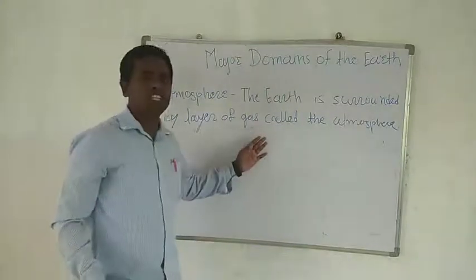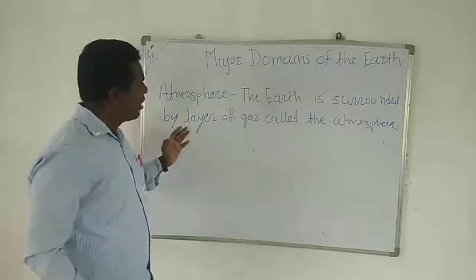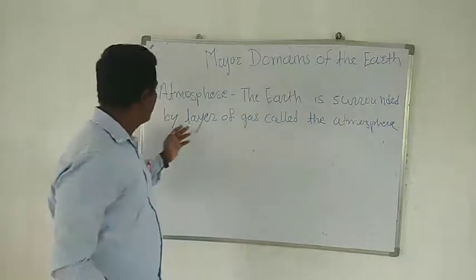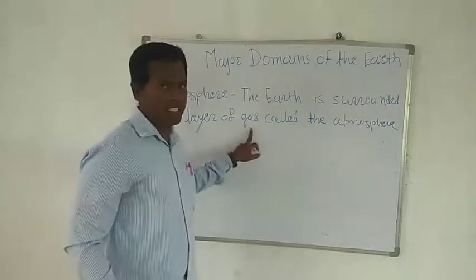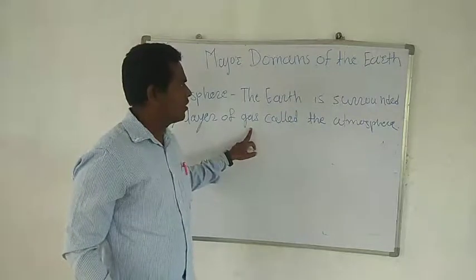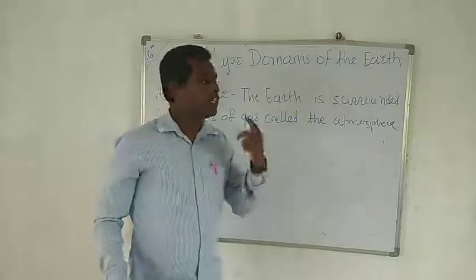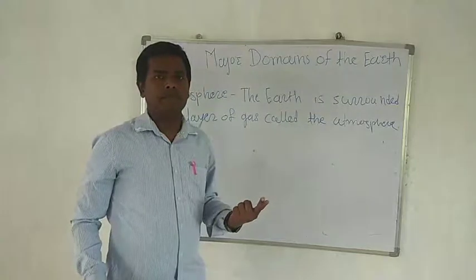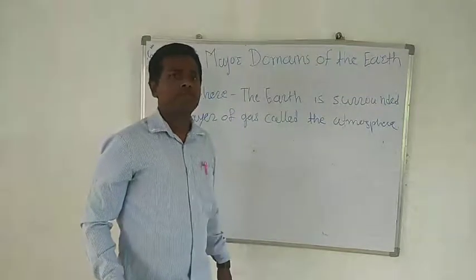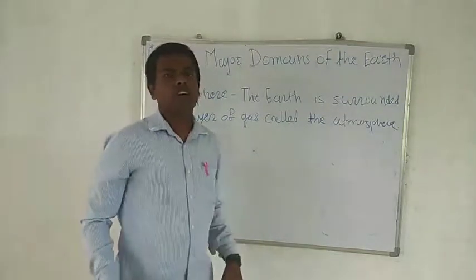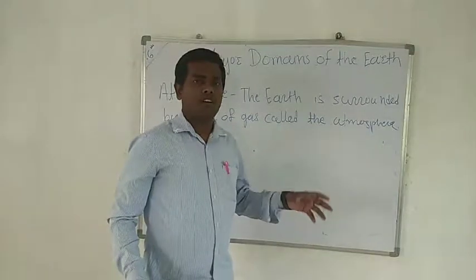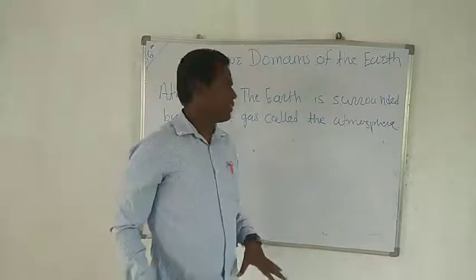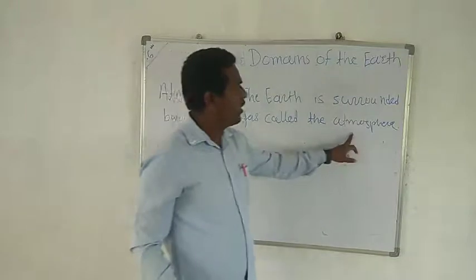What is the definition saying to us? The layer of gas which surrounds our earth is called the atmosphere.